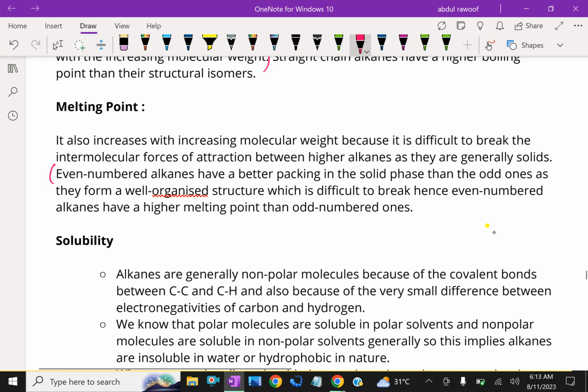They form a well-organized structure which is difficult to break. Hence, even numbered alkanes have a higher melting point than odd numbered ones.